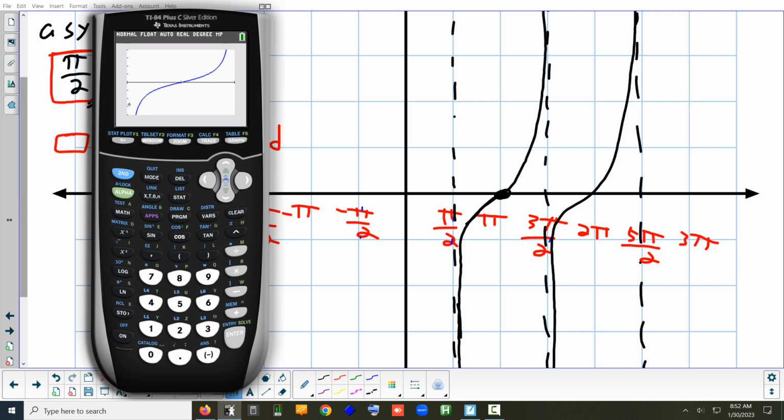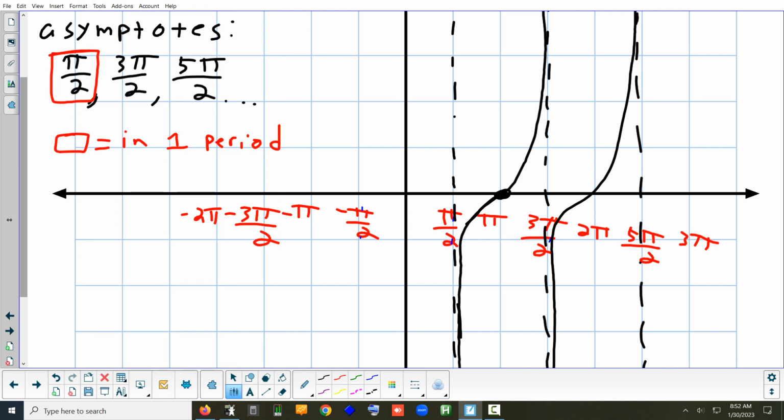And where does the left edge of this window start? Pi over 2, which is 90. And where does the right edge of the window stop? 2 pi would be over here. So if we set it at 2 pi, you would be seeing 1, plus you'd be seeing part of another cycle.